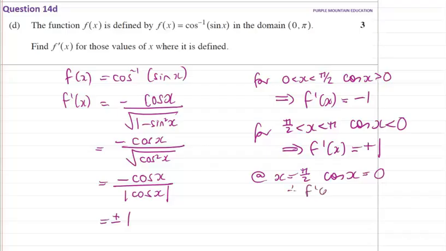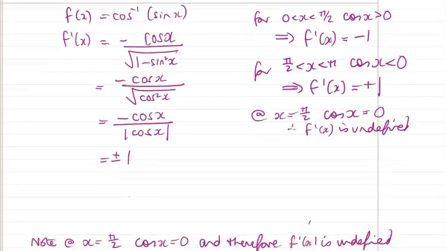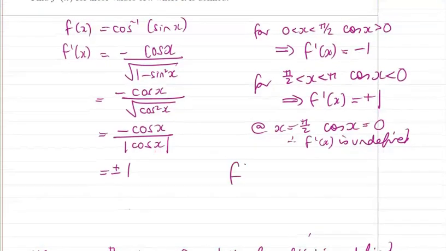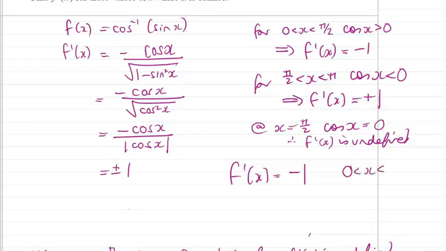Therefore, the first derivative is undefined here. And so those two will give me my answers. So just recapping my answer, I'm going to get f dash of x equals minus 1 for x in this range, and it's going to be positive 1 for x between pi on 2 and pi, and that's my answer.